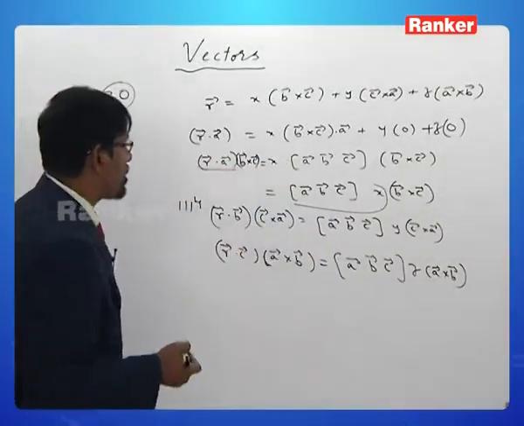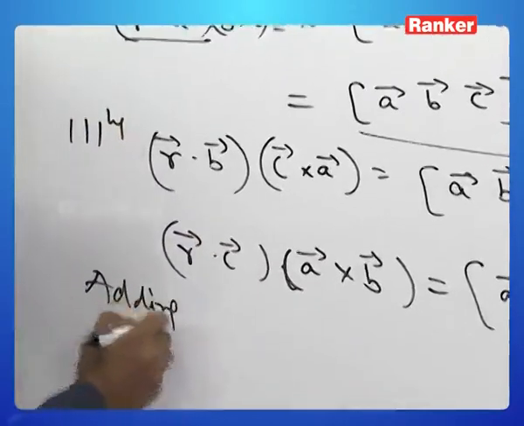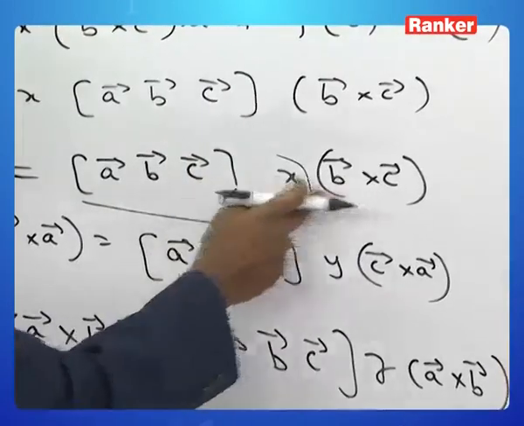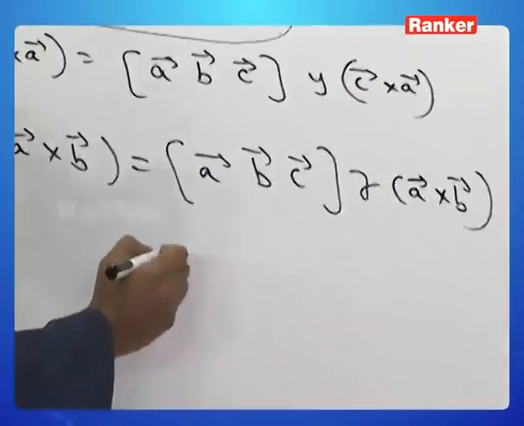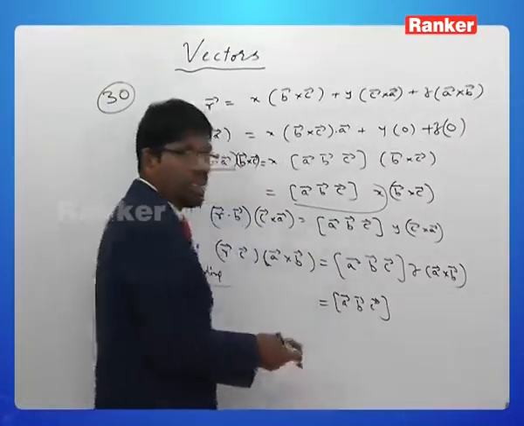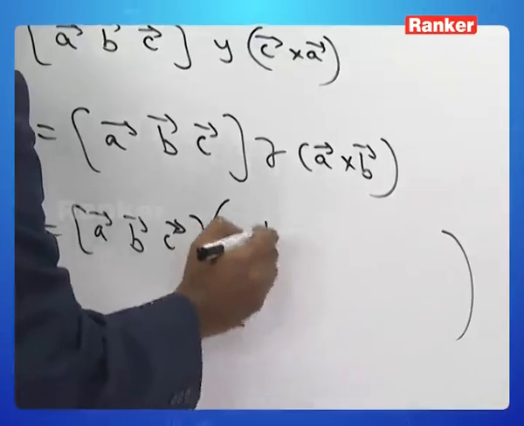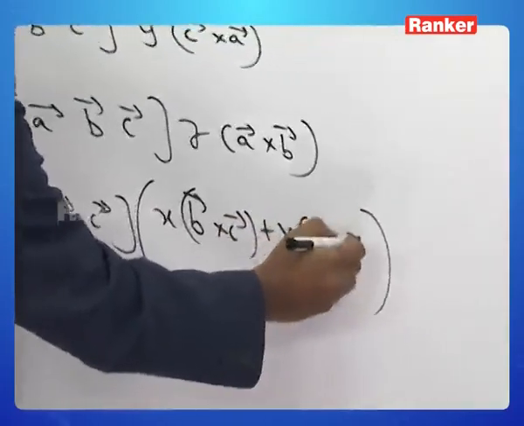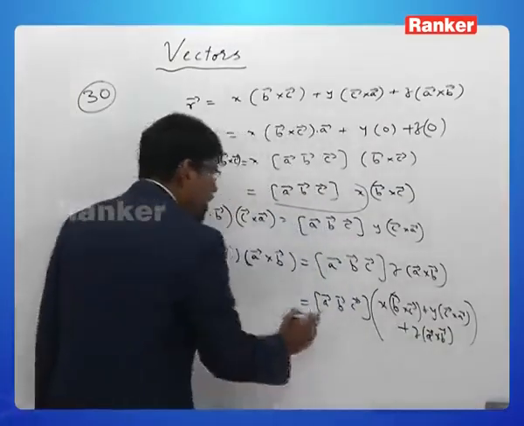So when you add up all these three vectors, what do we get? Adding all the three equations, box of ABC is a number, and we have x into B cross C, y into C cross A, and z into A cross B. So the right hand side is box of ABC into x times B cross C plus y times C cross A plus z times A cross B, which we know is nothing but R bar.